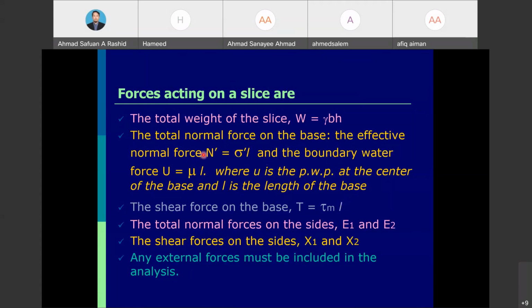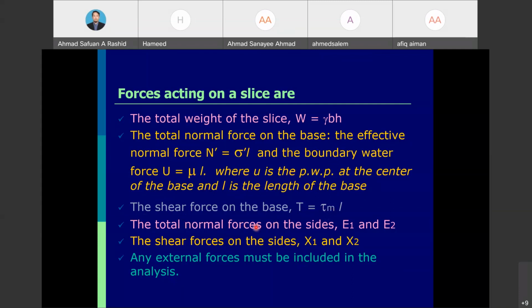Then we have normal stress sigma times L, and then the boundary water force, which is U times L, where U is the pore water pressure at the center of the base and L is the length of the base. Okay, so the shear force on the base is T equal to tau M times L.